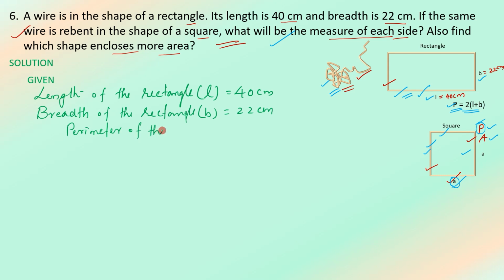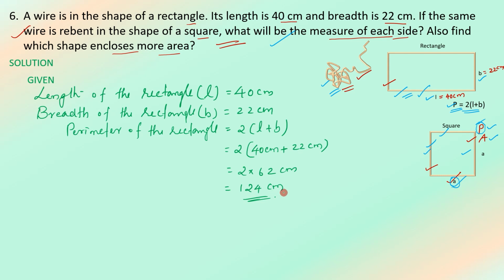Perimeter of the rectangle equal to, the formula is 2 into (L plus B), that is equal to 2 into (40 centimeter plus 22 centimeter), that is equal to 2 into 62 centimeter, that is equal to 124 centimeter. That is, perimeter of the rectangle is 124 centimeter.